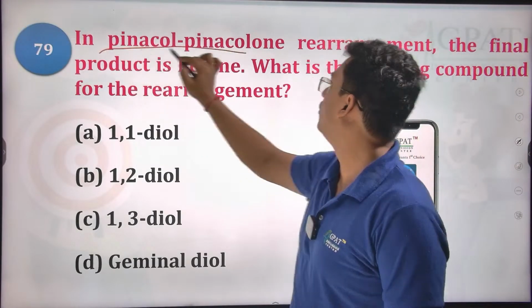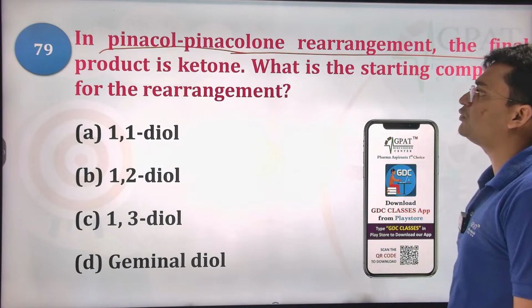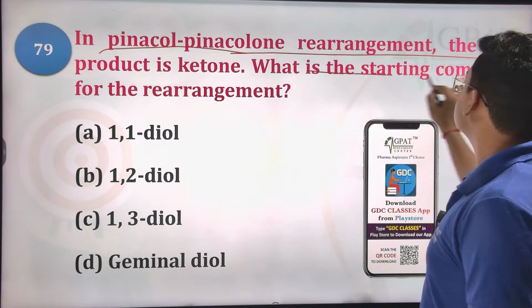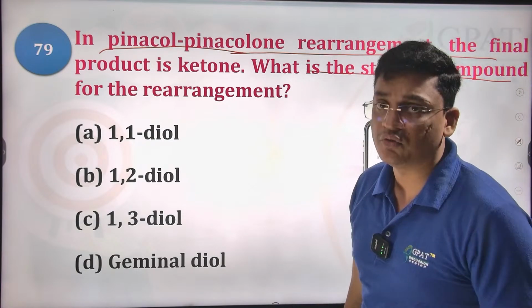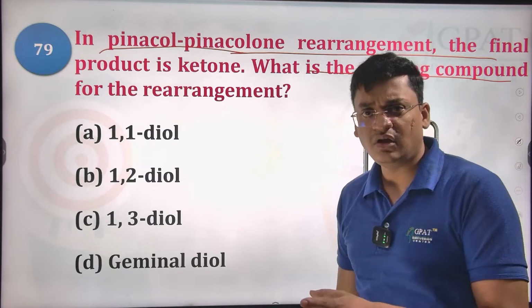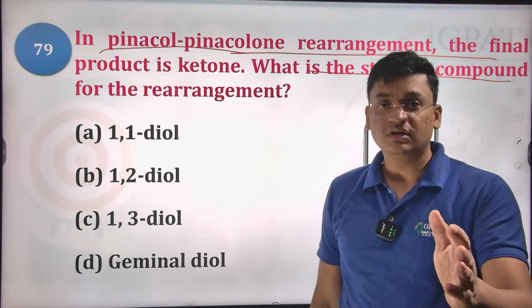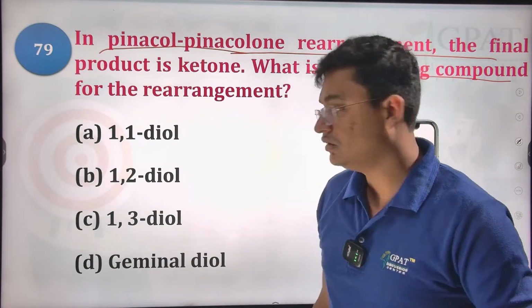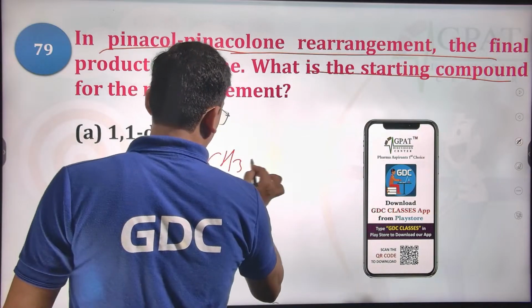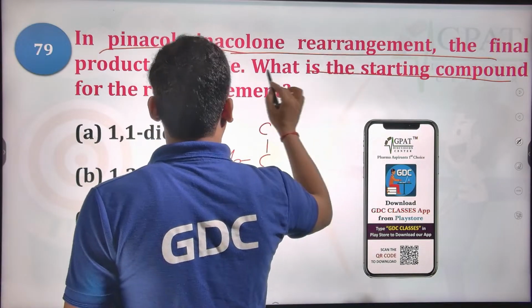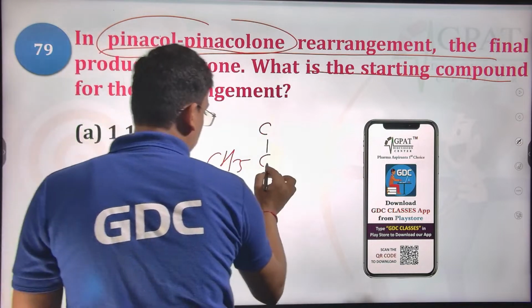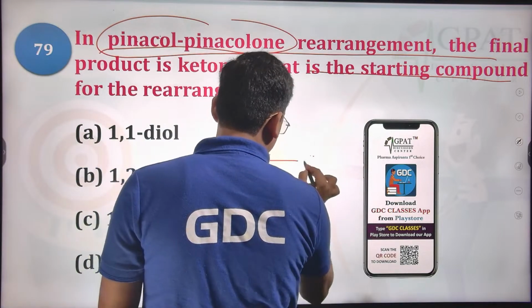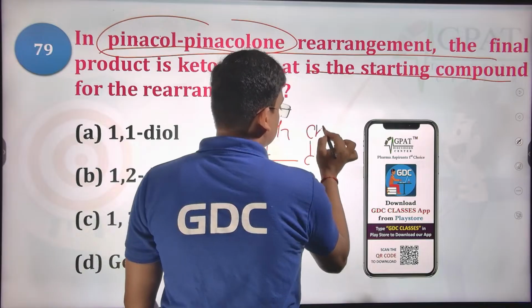In the pinacol pinacolone rearrangement, the final product is ketone. What is the starting compound for the rearrangement? That was a 1,2-diol, also known as vicinal diol. This is the structure of pinacol.